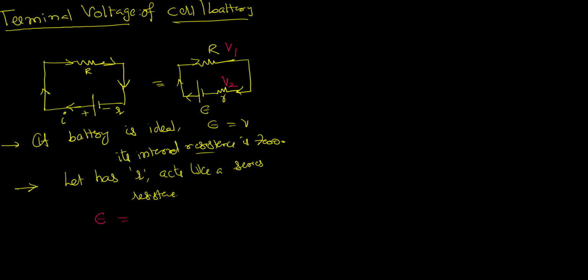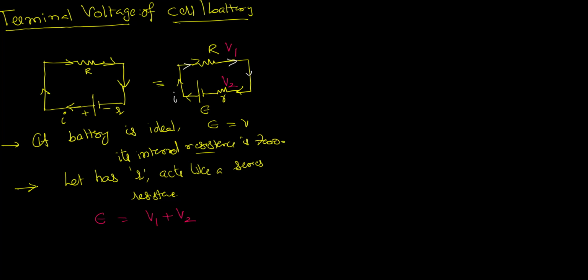Therefore, the total EMF can be called the potential drop across the external resistance plus the potential drop across the internal resistance. As the internal resistance is acting like a series resistance, the current is the same across both of them. The same current will go and come back.